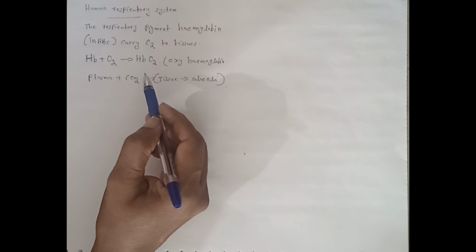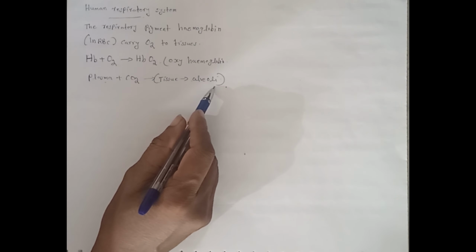The respiratory pigment hemoglobin, seen in the RBC of blood, carries oxygen to tissues. Hemoglobin has a high affinity to oxygen and combines to form oxyhemoglobin.